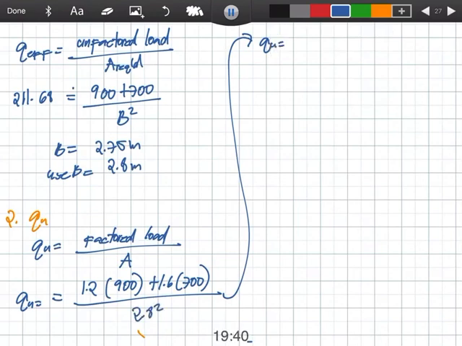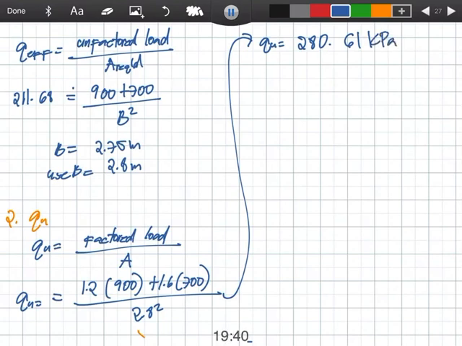2.8 square. Okay, so compute tayo. Okay, so 2.8 square. It is 280.61 kPa.